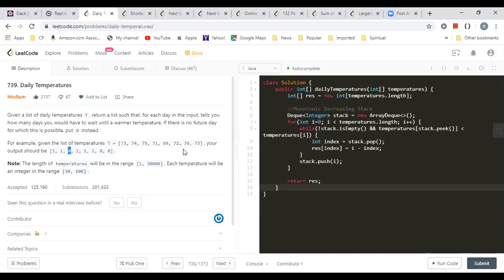So what you are looking for is the first day towards your right which is larger than you. We can say first larger to right. So we will maintain a decreasing stack. Yes, that was my question. You already answered that you are looking at the first larger towards the right, so you will go through this decreasing stack. Is that clear?